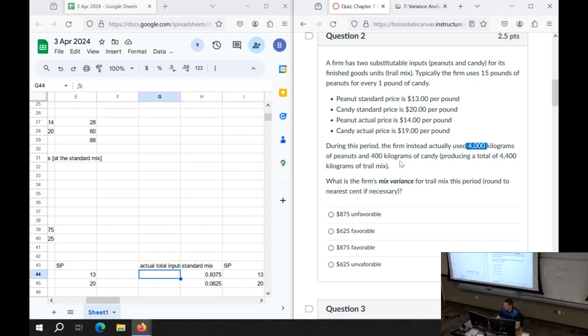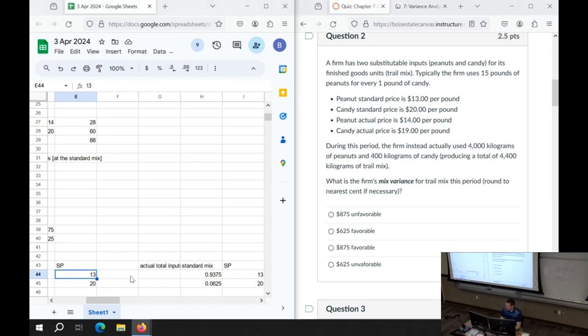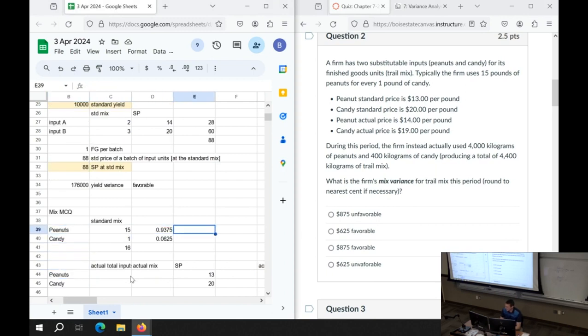We're talking about 4,000 to 400 being our ratio here. So in our little mini table, we have 4,000 kilograms, or 4,000 of whatever units we're talking about, versus 400. So we can do the same thing and sum those two, 4,400, and do the same thing here.